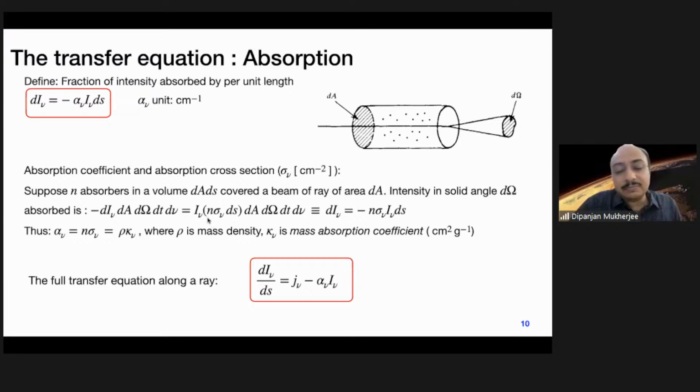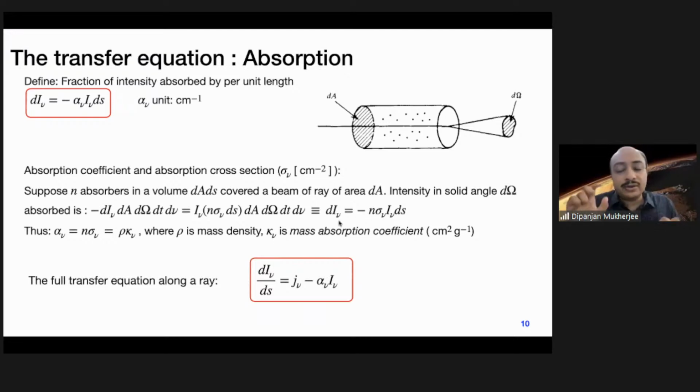And this is multiplied by the total number of particles per unit volume. So if you just compare the two sides, you will find that the change in the intensity is related to the cross section in this way, which is minus n sigma nu I nu ds.